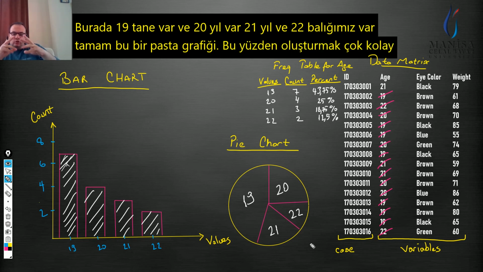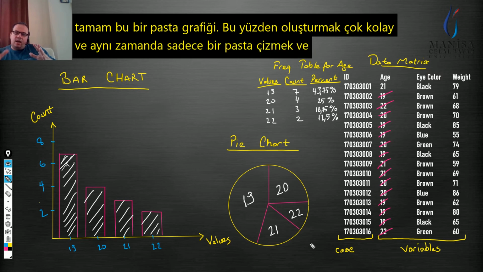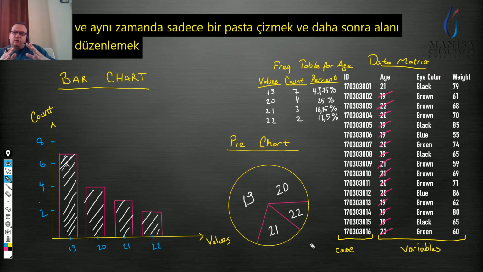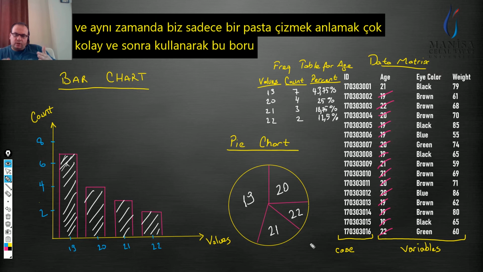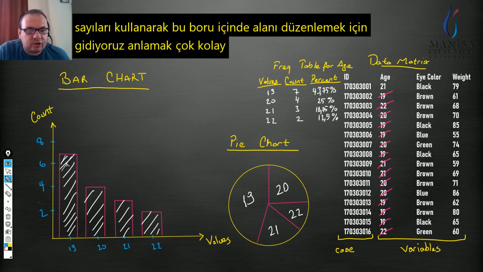We just draw a pie, and then we arrange the area inside this pie by using the percentage numbers. Also we have some special names for these numbers.